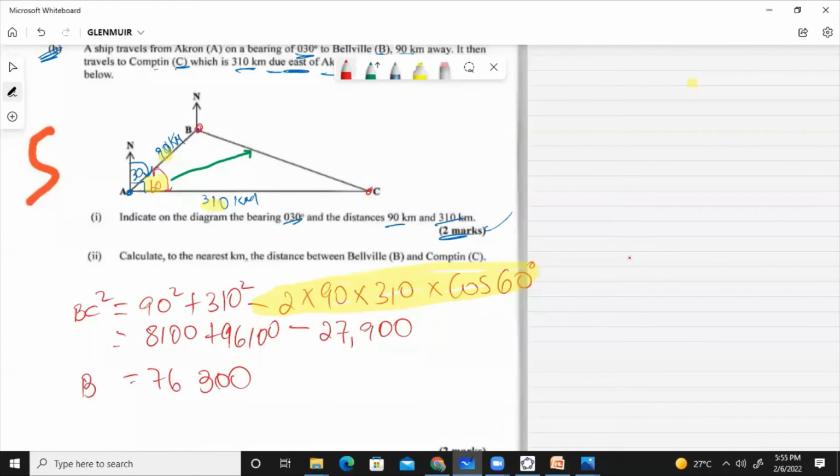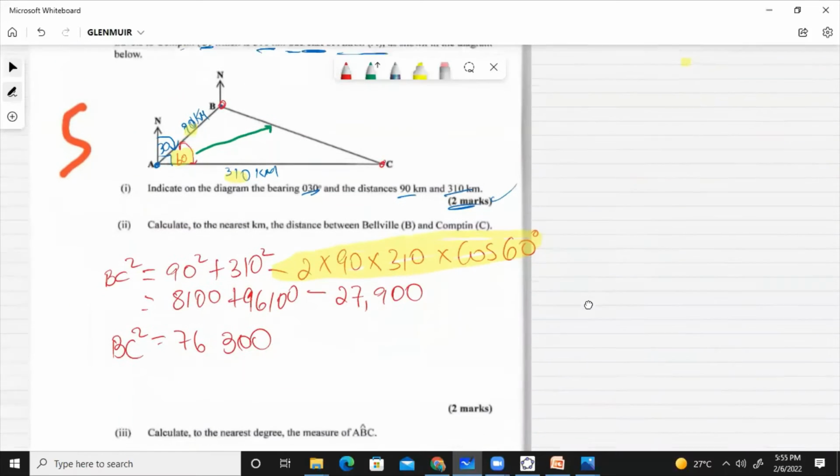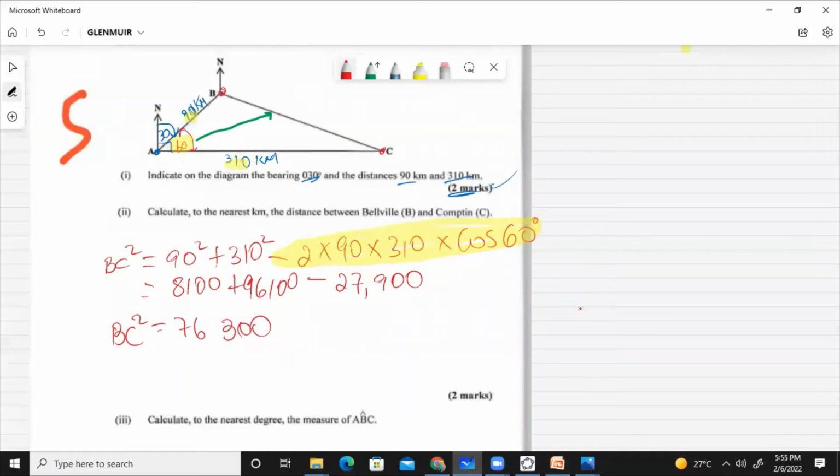Remember that this is BC squared, not BC, but we intend to find BC. So you'd have to take the square root of both sides, or, depending if you're working long enough, you just say, okay, let's take the square root of that. All right, good to go. So somebody take the square root while I'm taking it. Square root of 76,300.